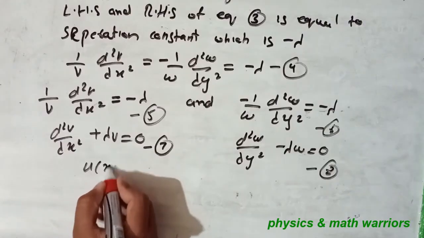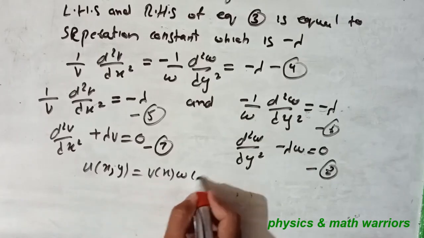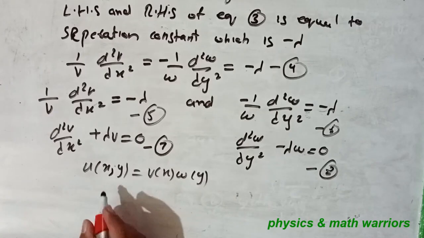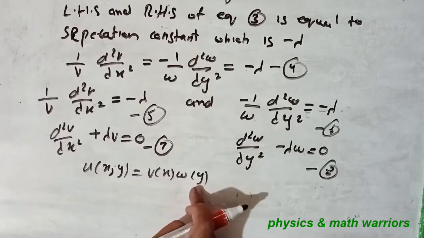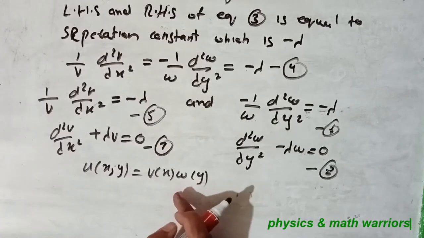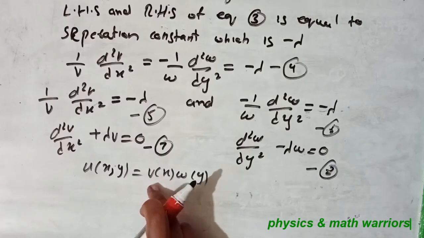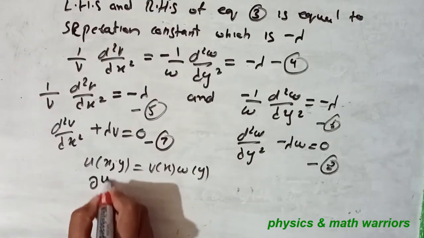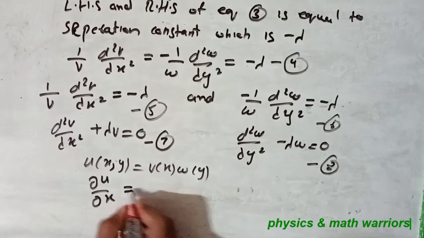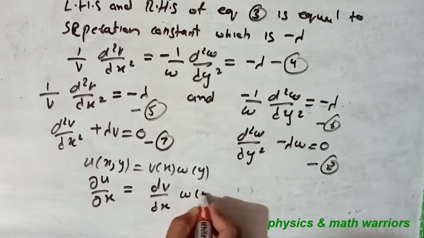Since u, which is function of x and y, is equal to v of x omega of y. Now take partial derivative of u with respect to x. Since omega of y is constant with respect to x and v of x, which is function of x, so partial derivative of v of x with respect to x exists, and partial derivative change into ordinary derivative. Partial u over partial x is equal to dv over dx omega of y.